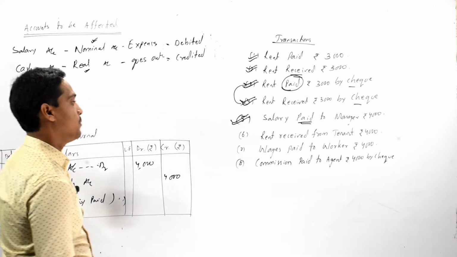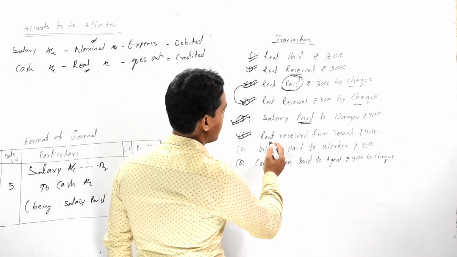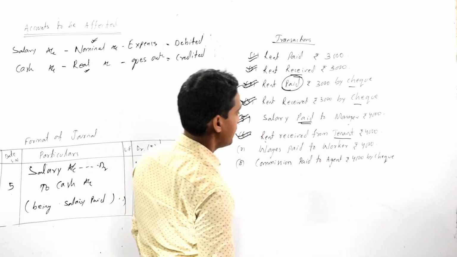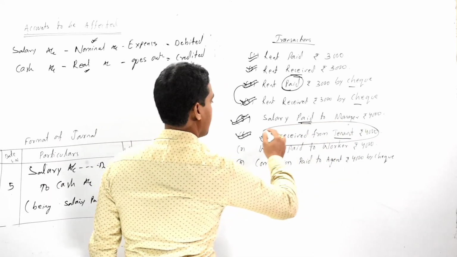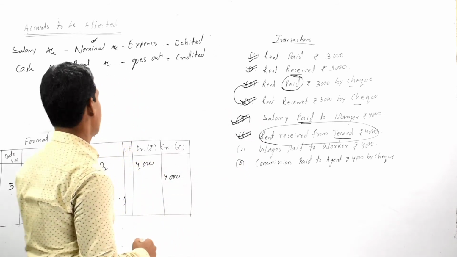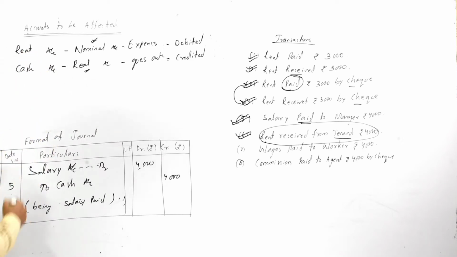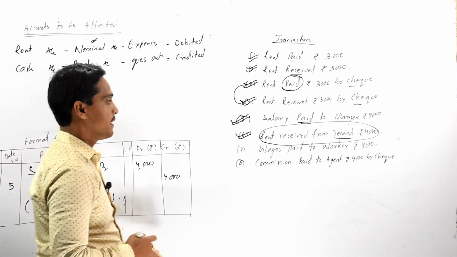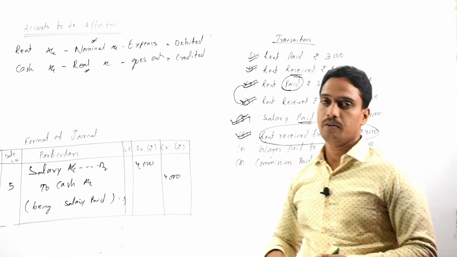Now come to our sixth transaction, that is rent received from tenant. As we are receiving the rent from our tenant, in this transaction our rent account and cash account should be affected, and our rent account belongs to nominal account category, cash account belongs to real account category.